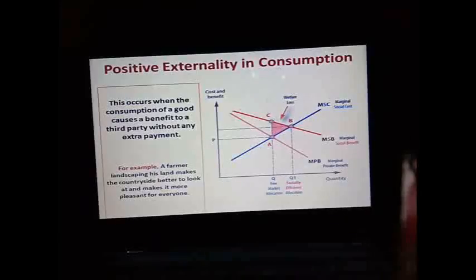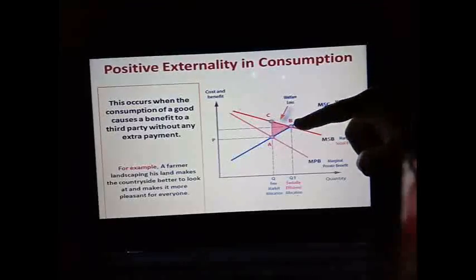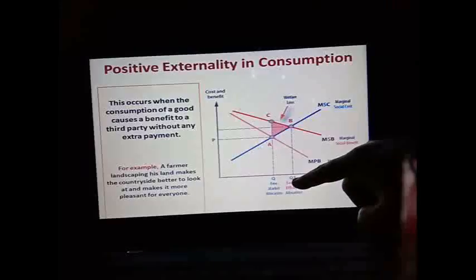But from the social point of view, as our marginal social benefit curve lies above our marginal private benefit curve, and it intersects our marginal cost curve, it fixes the optimal quantity at Q1.